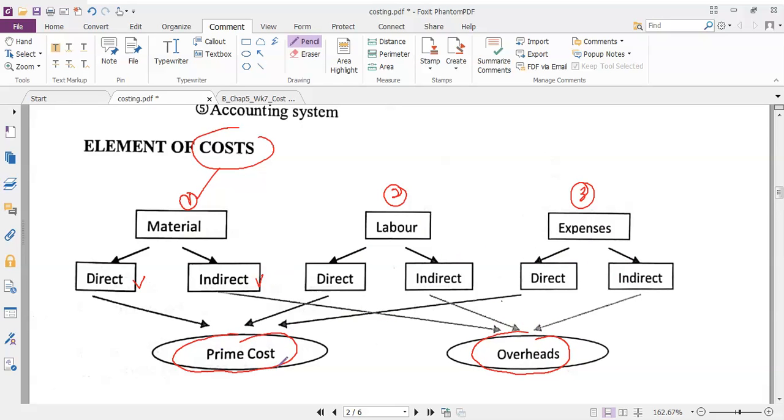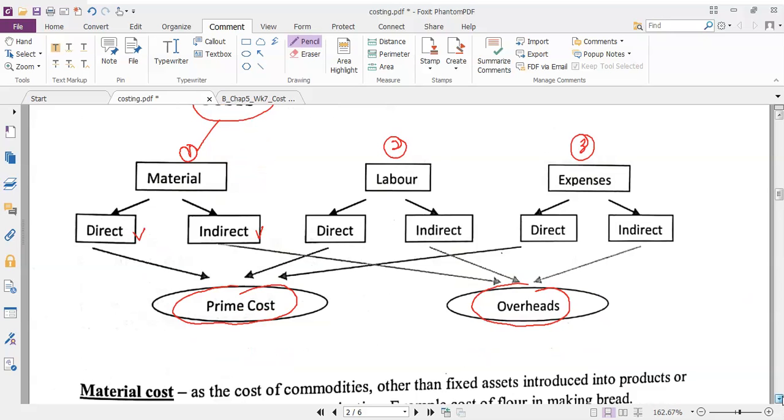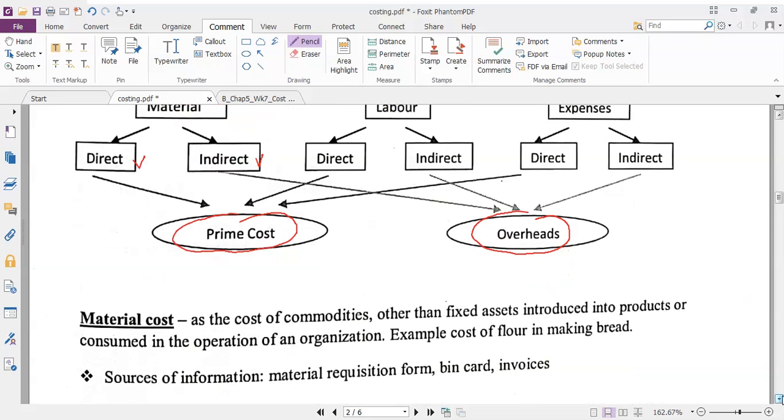Okay, but for indirect, material indirect, labor indirect, if we total up expenses indirect, all indirect elements, we will get overhead. Okay, their name is overhead. You must remember that. The direct we call it as prime cost, but for overhead is indirect. So what is material cost? Material as the cost of commodities other than fixed asset introduced into products or consumed in the operation of an organization.